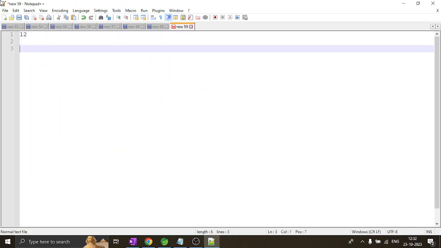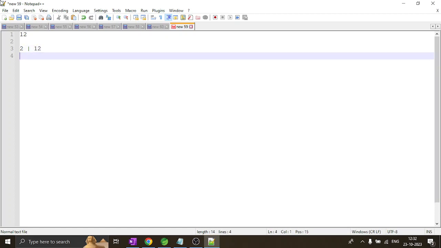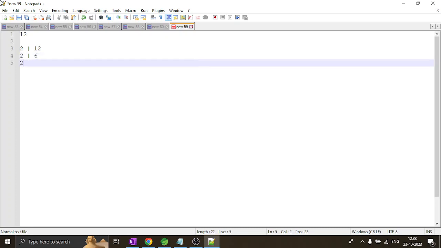So if we have the number 12, then the prime factors will be 2. We divide 12 by 2, and we get 6. We again divide by 2, and we get 3.